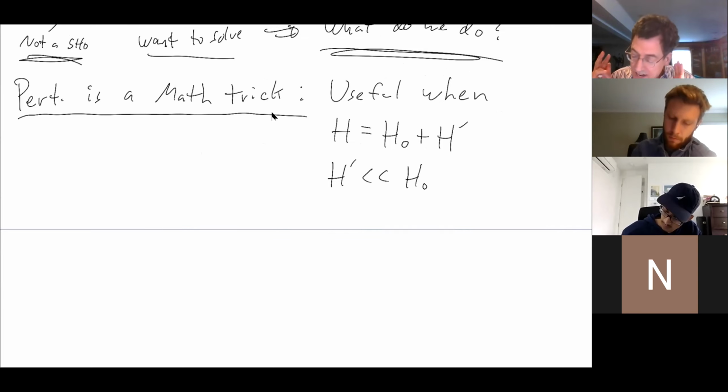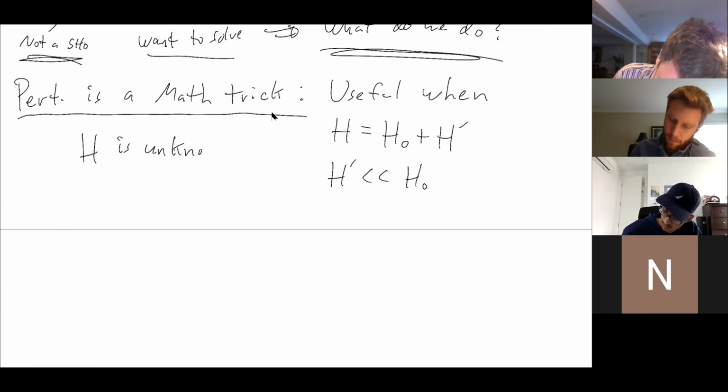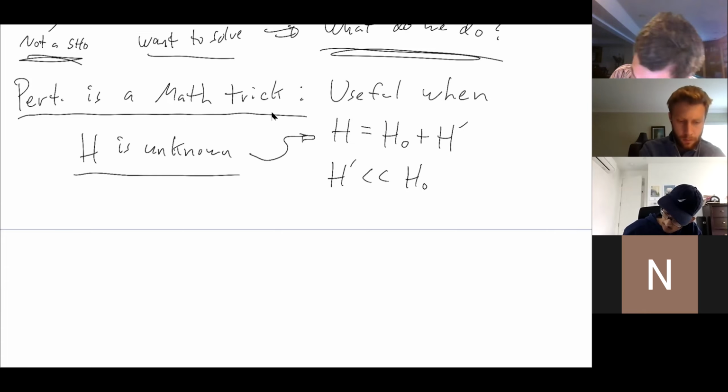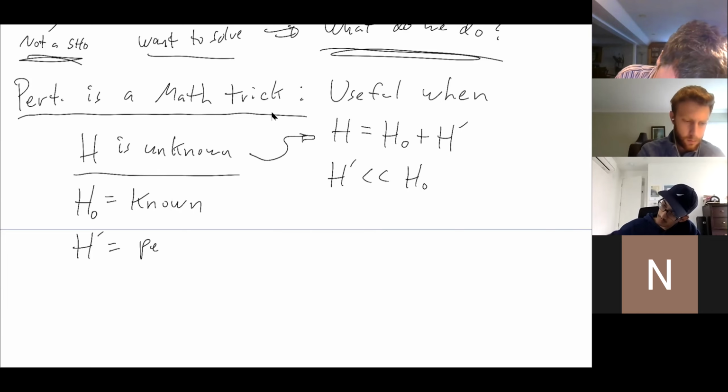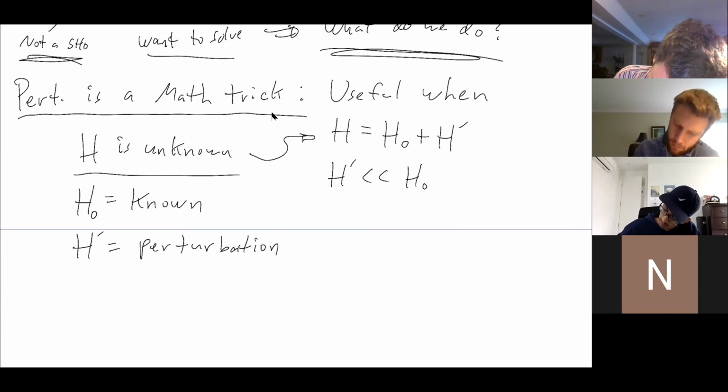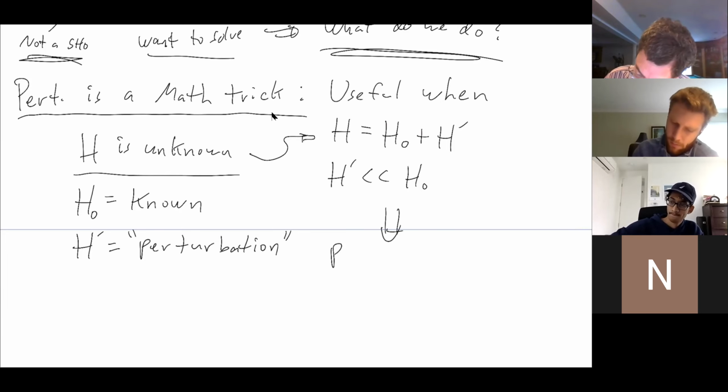So when I can write the unknown Hamiltonian H as a sum of a known Hamiltonian plus what I will call the perturbation, then perturbation theory works, or usually works.